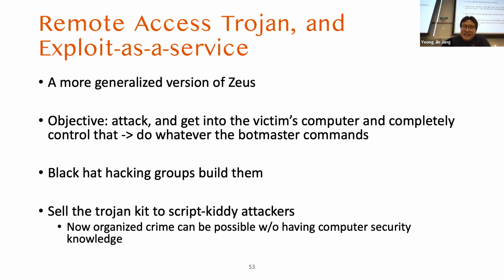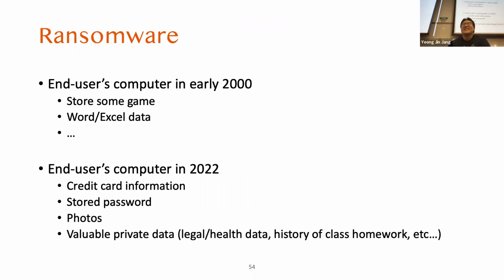And then the next version of this is ransomware. Ransomware is available as an exploit as a service. There is a hacking group that deliberately writes the ransomware exploit and launches it, but some other groups just develop the ransomware tool and sell it.